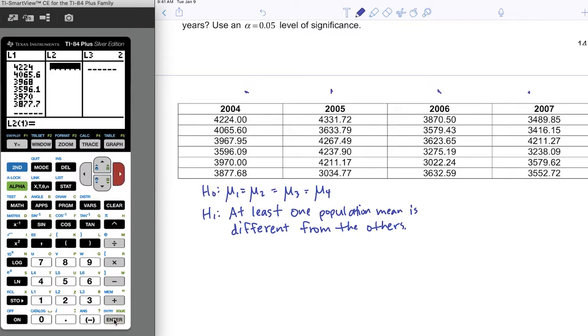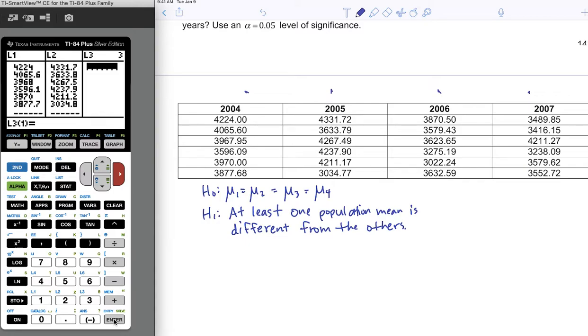Now 2005, 4331.72, 3633.79, 4267.49, 4237.9, 4211.17, 3034.77.